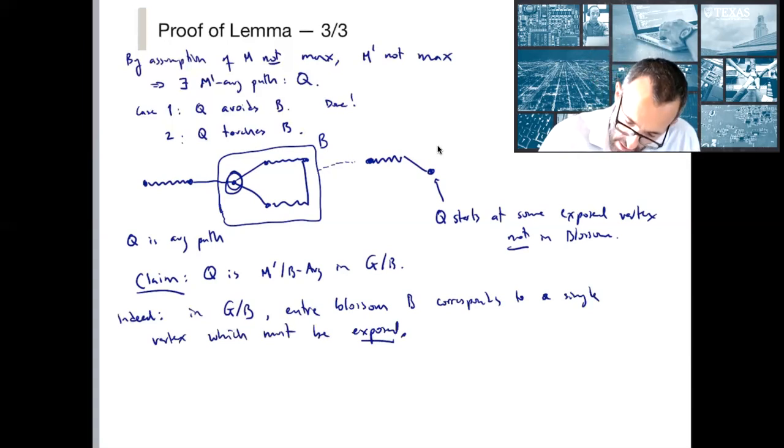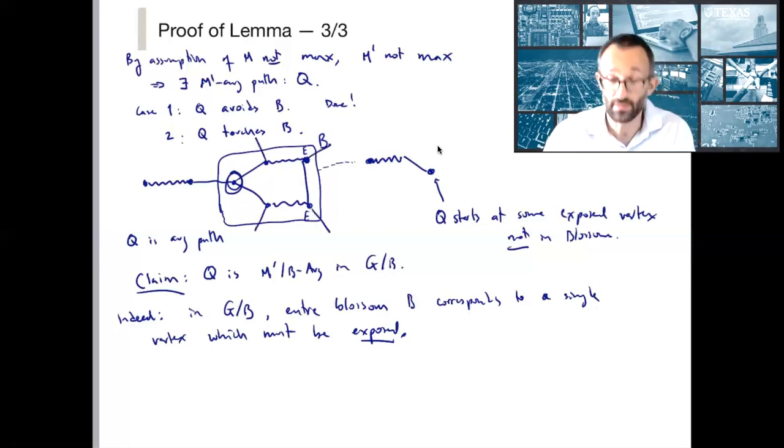We know this because if we look at our original blossom, it has edges that look like this, but you can see that none of the edges coming out of the blossom are ever going to be matched. They're always going to be unmatched.